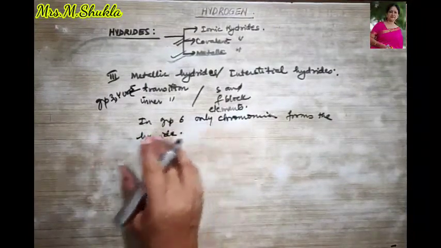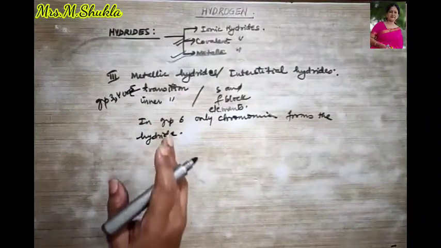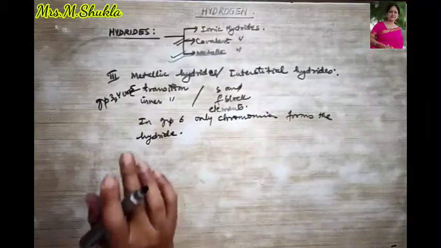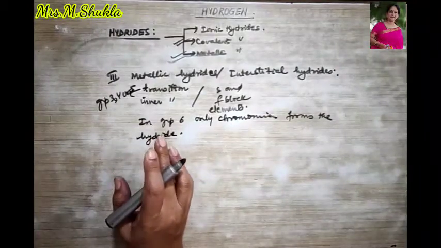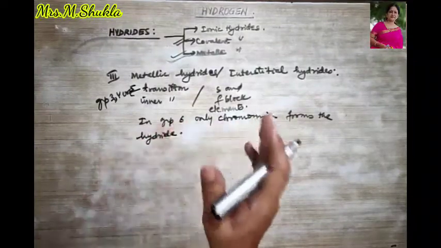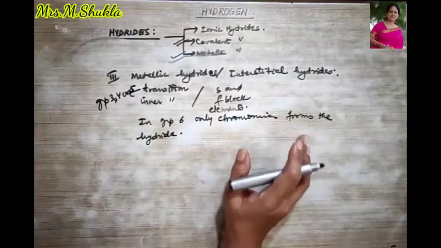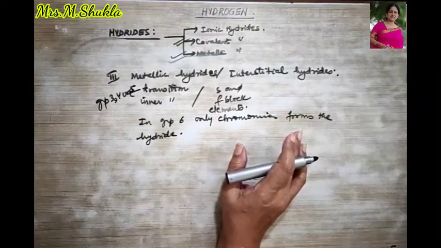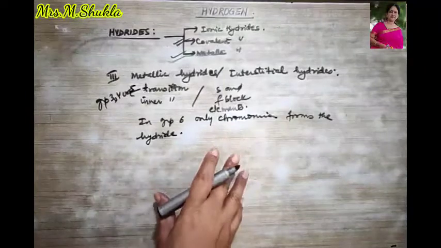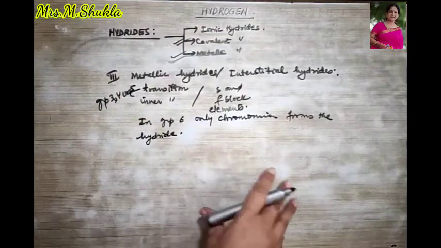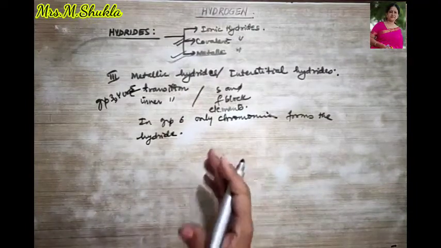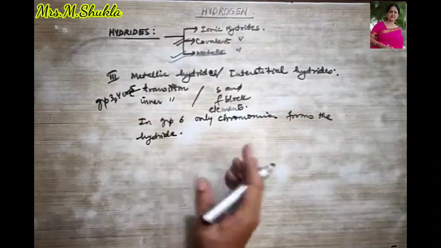The hydrides of, say, nickel and palladium are all interstitial hydrides, which means that hydrogen atoms occupy the interstitial sites. Some metals, for example platinum or palladium, can accommodate a large volume of hydrogen, and therefore can be used as a storage device.